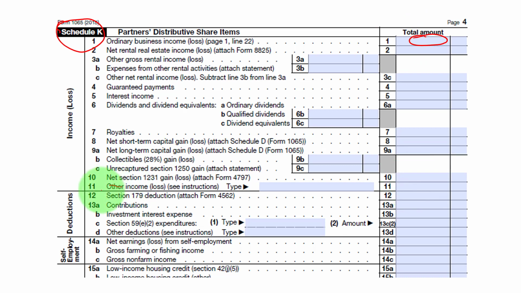And here is a separate deduction we learned in Chapter 2, the Section 179. This will be for the whole partnership. Now all of these items here have to be allocated to the partners, and each partner is going to report it on their individual return subject to limitations, including the 179 limitation we learned in our current Chapter 2.